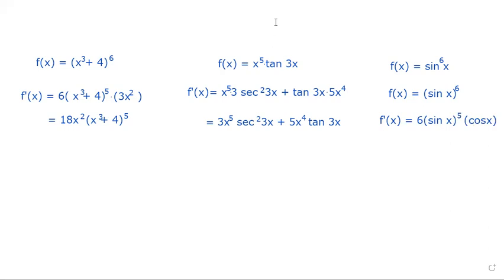Okay, this is what we have. And to finalize this, the way that we would probably see this written, of course, is different depending on the text that we use, but we would probably see this as 6 sine x to the 5th times cosine.